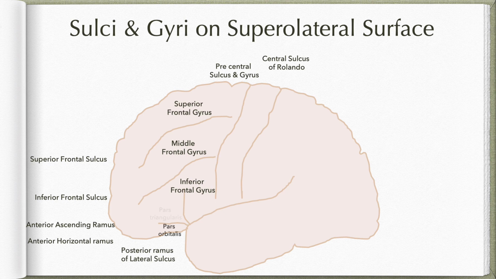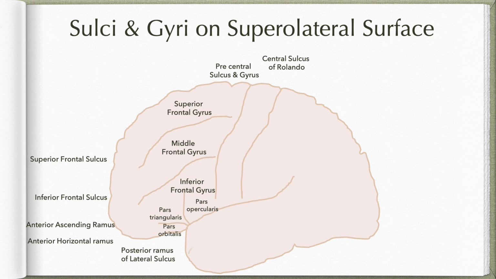The part below the anterior horizontal ramus is the pars orbitalis. The part between the horizontal and ascending rami is the pars triangularis, and the part between the ascending and the posterior rami is the pars opercularis. So these are the various sulci and gyri on the superolateral surface in the frontal lobe.